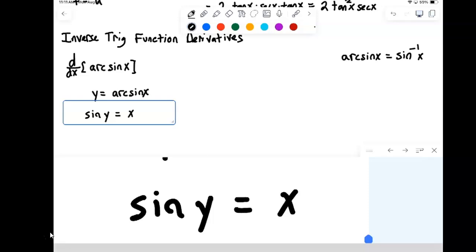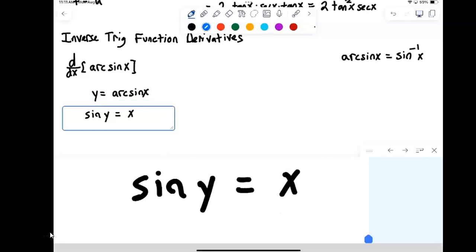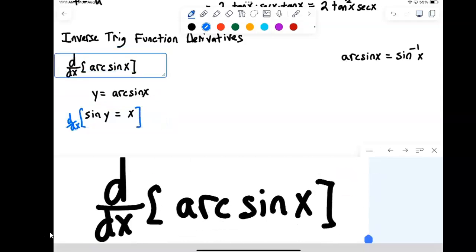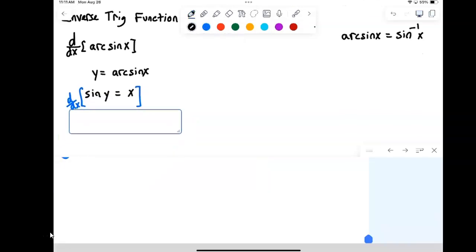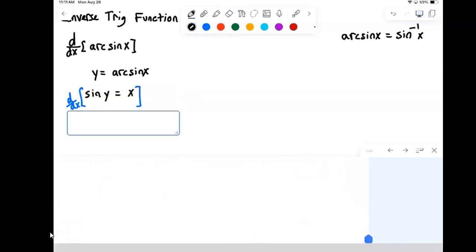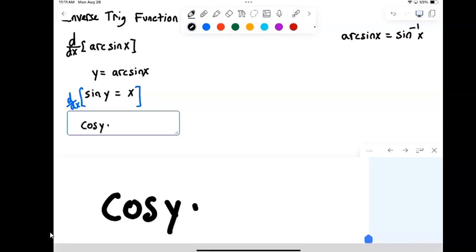Then we take this equation and differentiate it with respect to x, because that's what we want, the original derivative with respect to x. So remember implicit differentiation. The derivative of sine y with respect to x is the derivative of sine, which is cosine y, multiplied by the derivative of y with respect to x, so either dy/dx, or as I like to write it, shorthand, y prime.